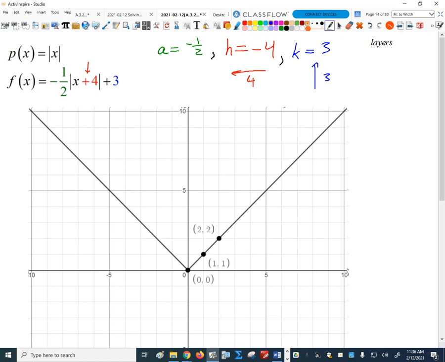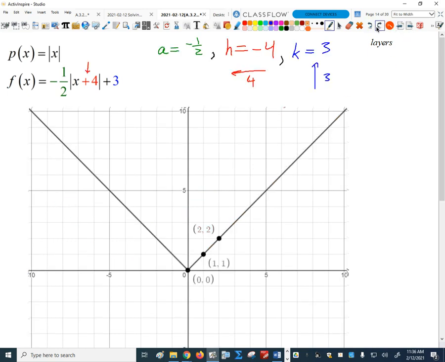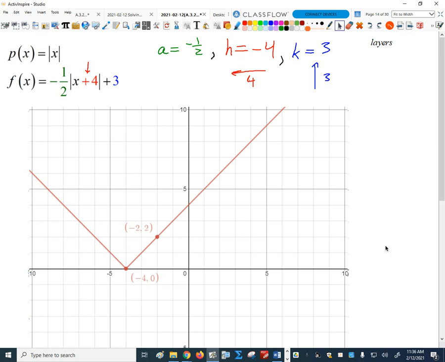First we would do inside grouping symbols or parentheses, so we're going to take care of the h being negative 4. We're going to go left by 4. Everybody agree? So our first step is scoot it left by 4.